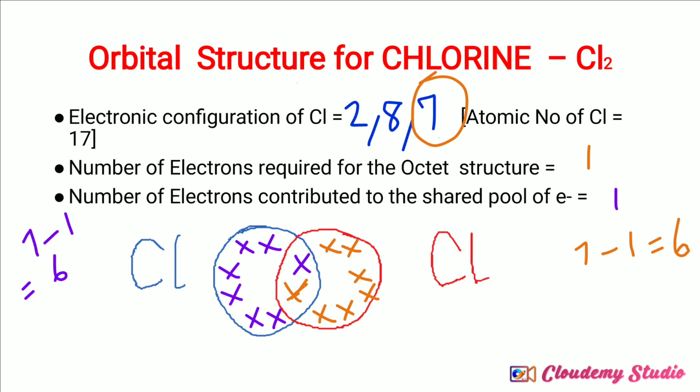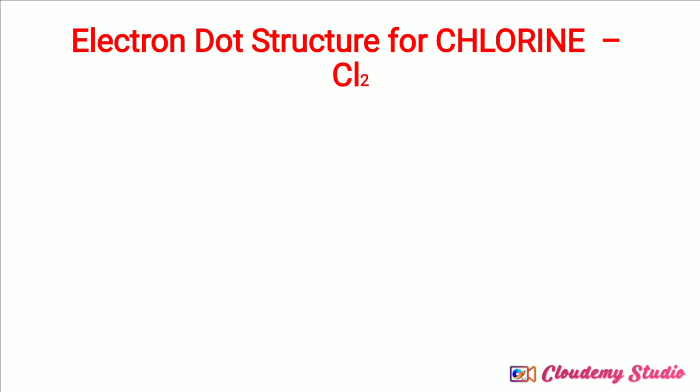The electron dot structure is just the removal of the orbital. If we remove the circles alone, then we will get the electron dot structure. That we can draw on the next page.